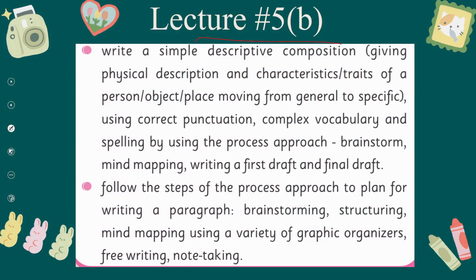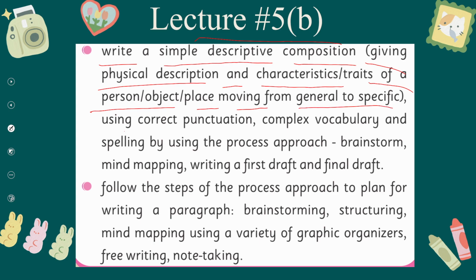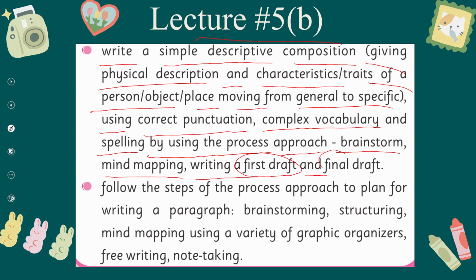Now we have lecture number 5B. It's divided in 2 SLOs. Let's read the first one. Write a simple descriptive composition giving physical description and characteristics or traits of a person or object or place, moving from general to specific, using correct pronunciation, complex vocabulary, and spelling by using the process approach: brainstorm, mind mapping, writing a first draft, and final draft.